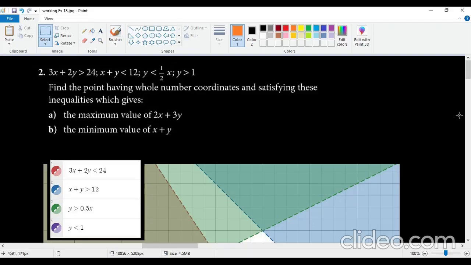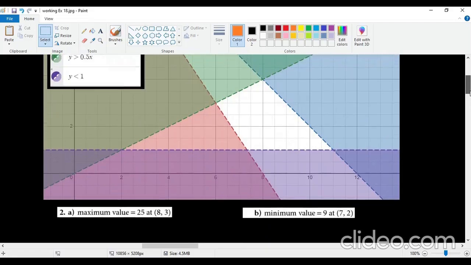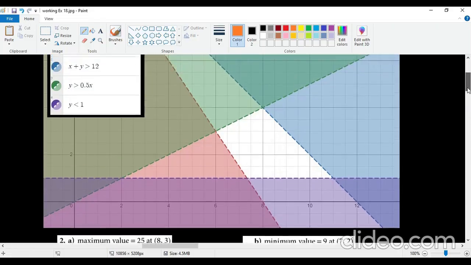Now in here, you can see that 8, 3 is the maximum point. 8, 3 lies over here. This is 8 and 1, 2 and 3 is going to be somewhere here. This is the highest point.